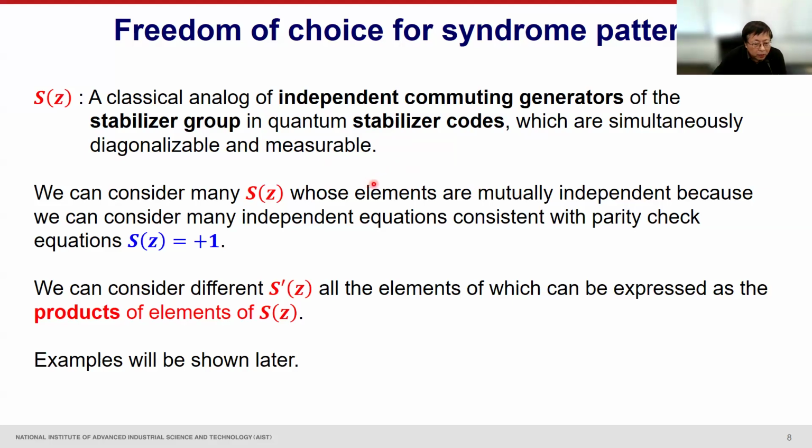Next, the syndrome pattern is not unique. This means that we can consider many S(Z) whose elements are mutually independent, because we can consider many independent equations consistent with the parity check equation here.